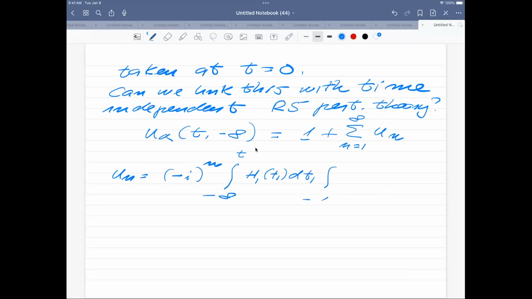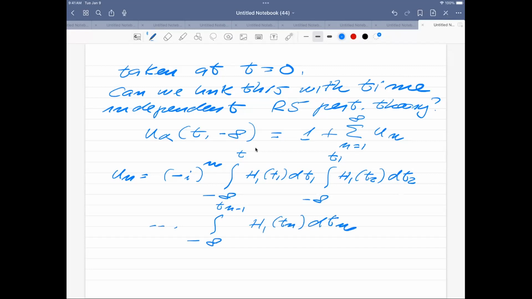There is a new integral from minus infinity to a time t1, and then I have my h of I. So this is my time-ordered usage of Wick's theorem on this specific quantity. So I have a minus infinity up to a t n minus 1, and then I have an h of I of t n, d t n.